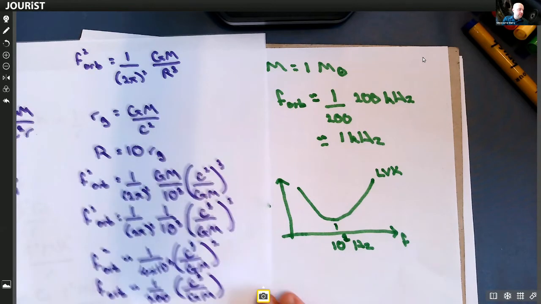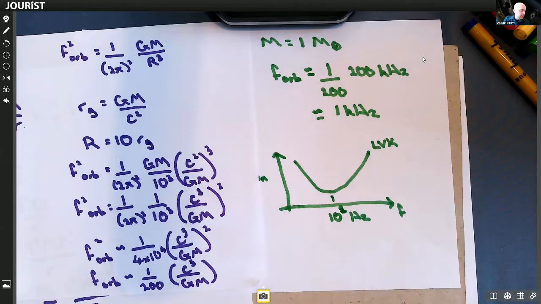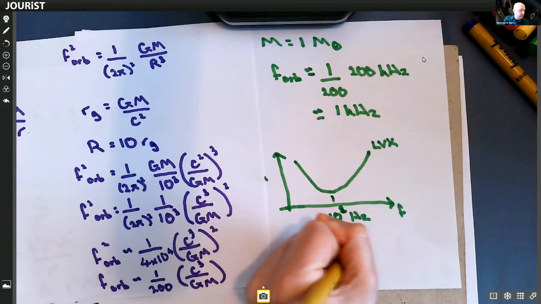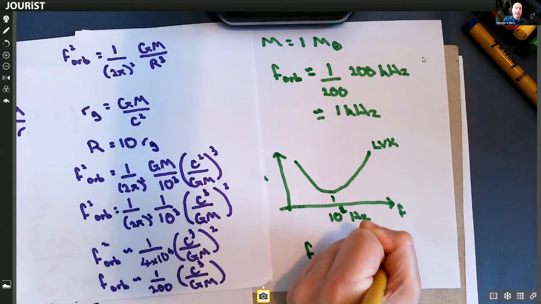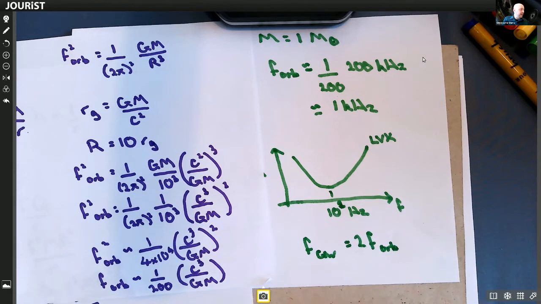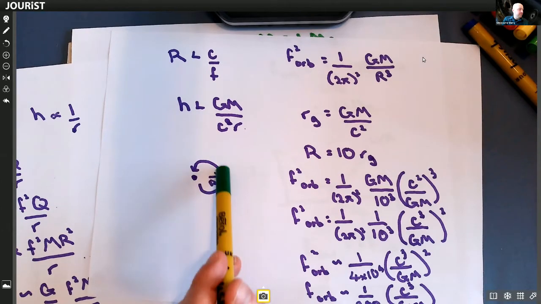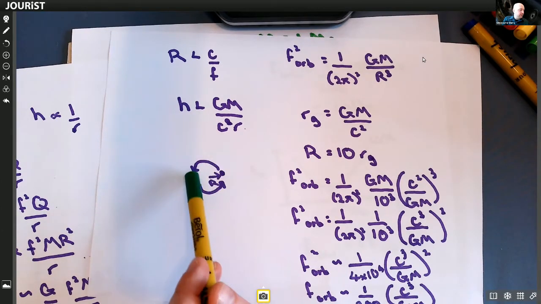There is a relationship for a circular binary, which is the gravitational wave frequency is equal to twice the orbital frequency. This comes basically from the quadrupole moment again, that you have a peak each time one of these two objects comes by you, so you get 2 peaks per orbit, so that works out to be a factor of 2.